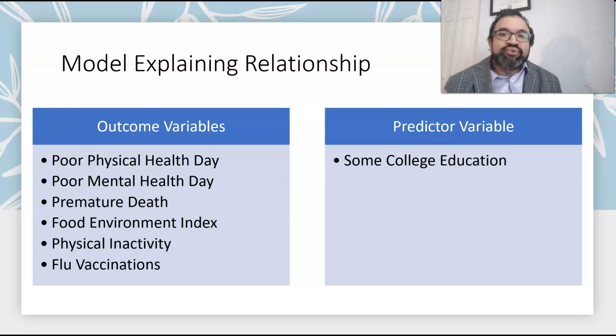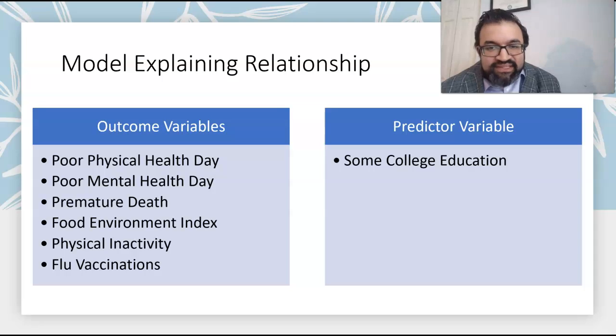On the other hand, if you encourage flu vaccinations within the university environment, then if there's a relationship, that in itself can potentially improve education levels. So see how you can actually draw information from this model if you take it bidirectionally.